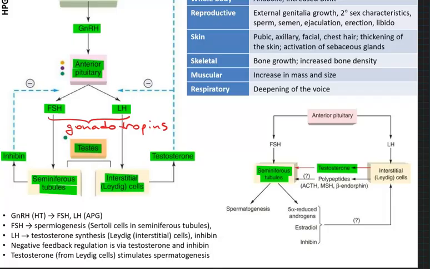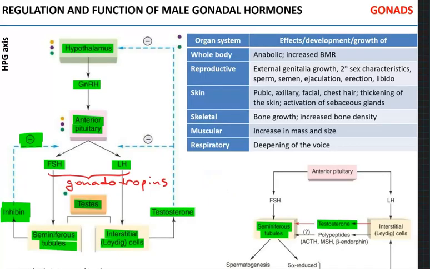And turns out, as more sperm cells are accumulated, inhibin will exert negative feedback inhibiting anterior pituitary, inhibiting the release of gonadotropins. So will testosterone. The only difference is that testosterone here will act not only on the anterior pituitary, but also on the hypothalamus.